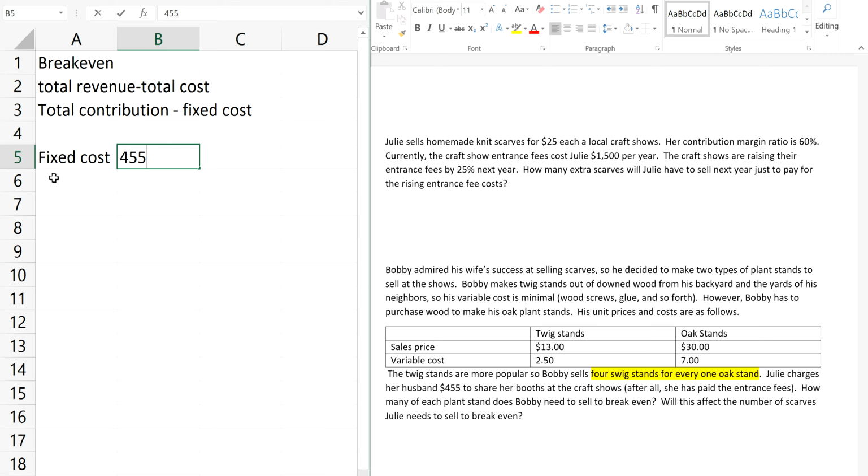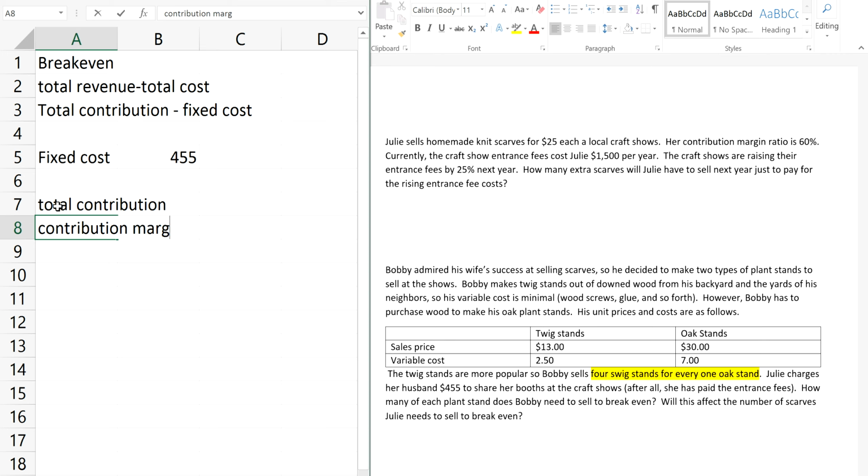So the total contribution will equal your contribution margin times quantity. To find contribution margin, we need your sales price minus the variable cost.